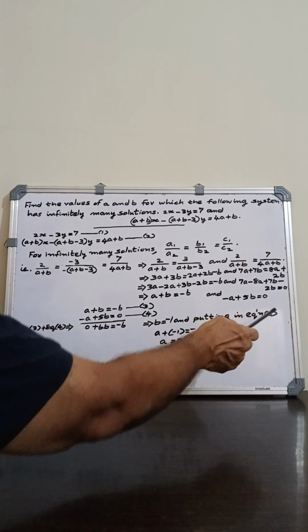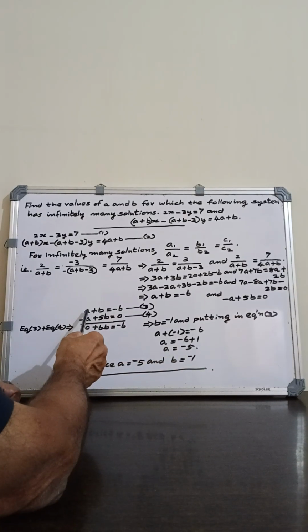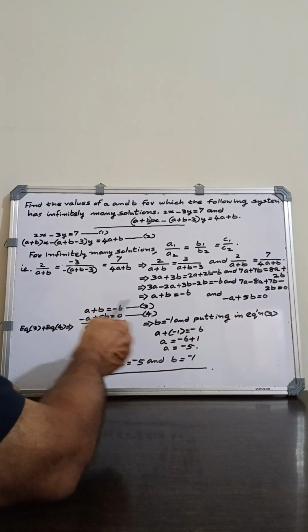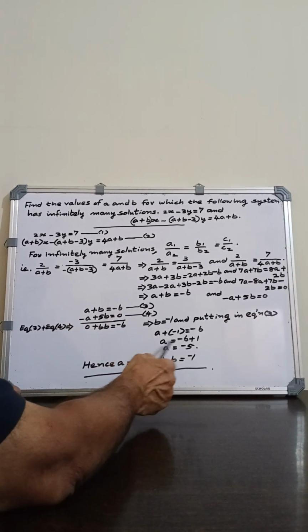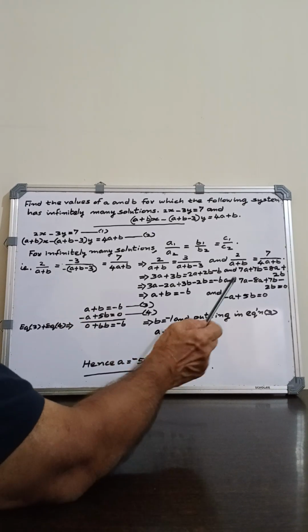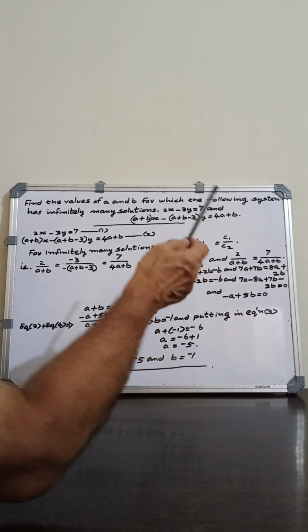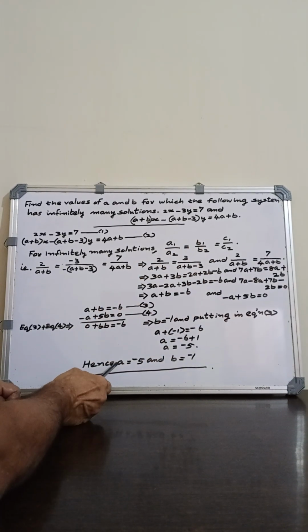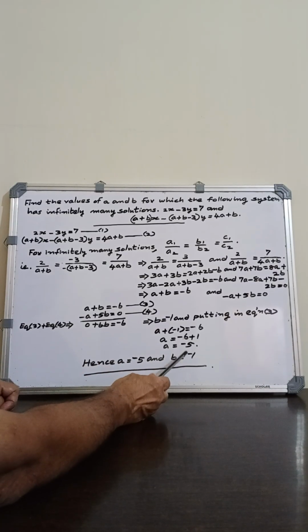Putting this in equation 3, a plus b, a plus minus 1 equals minus 6. That is, a equals minus 6 plus 1, so a equals minus 5. Hence, we get a equals minus 5 and b equals minus 1.